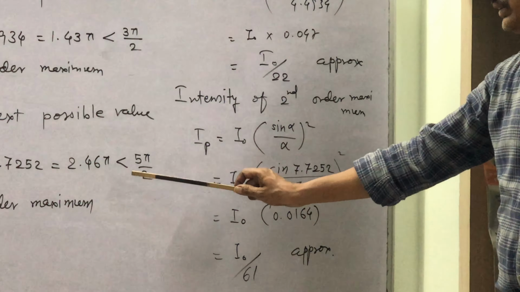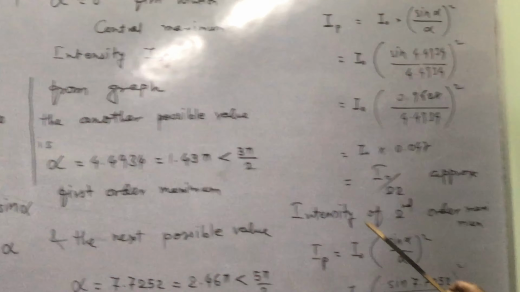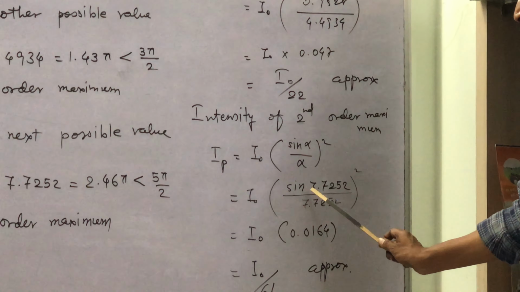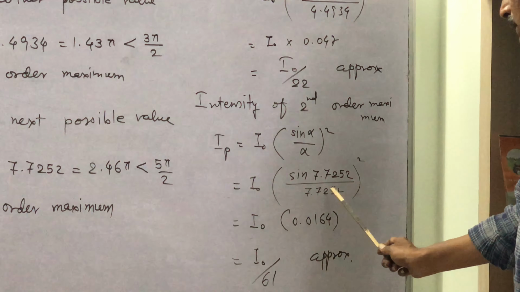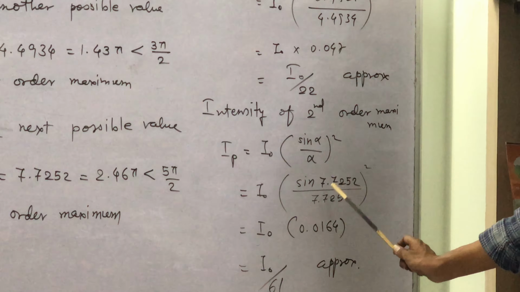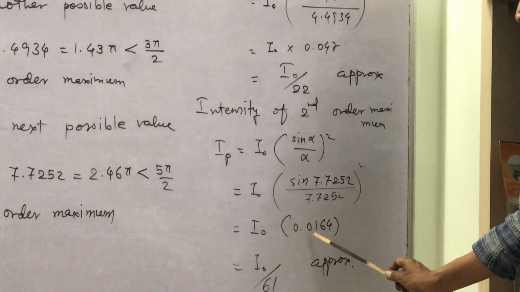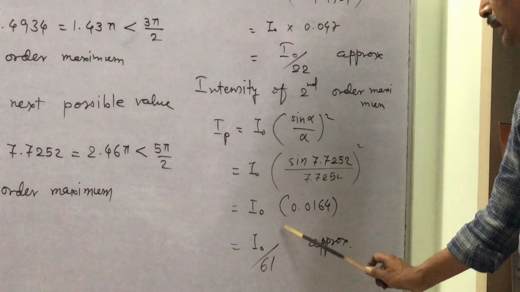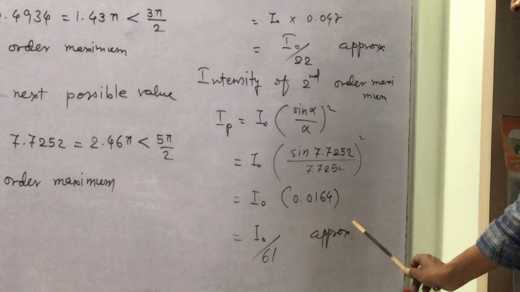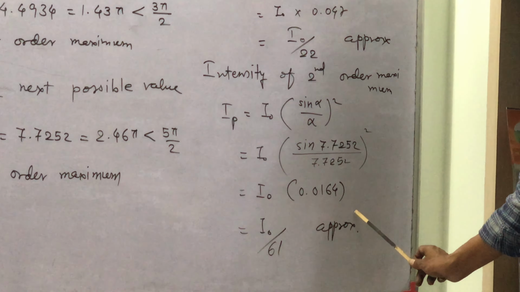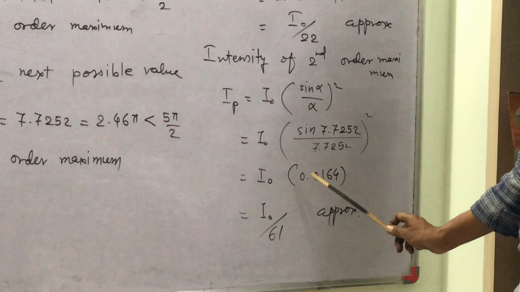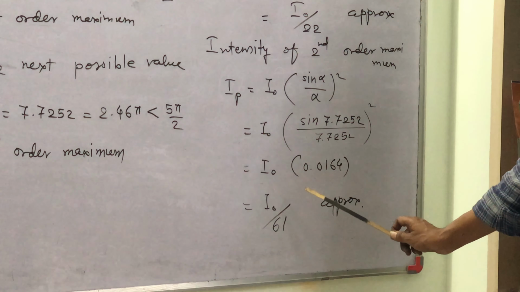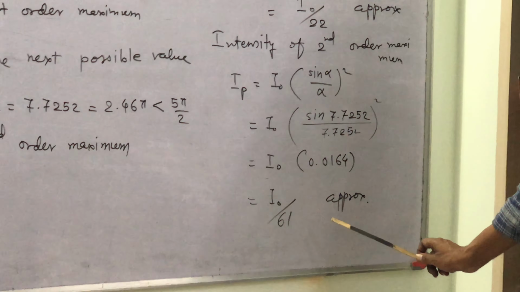If we put these values in our original formula, I equal to I₀ (sin α by α)², after using scientific calculation, we have I₀ into 0.0164, which is approximately I₀ by 61, and it is 1 by 61 times that of the central maximum. This is the second order maximum, and so on.